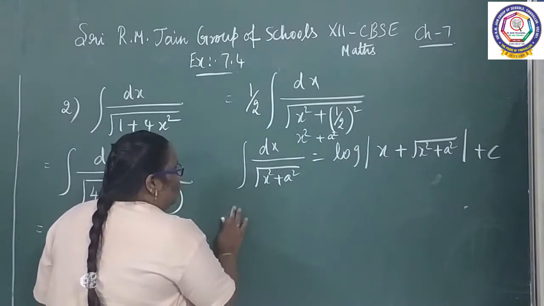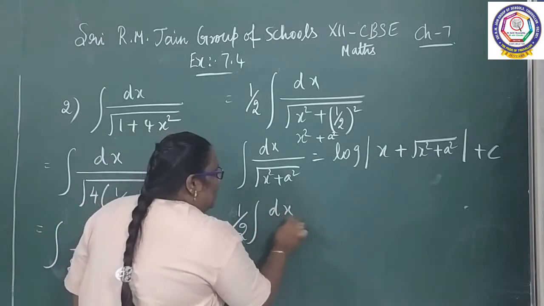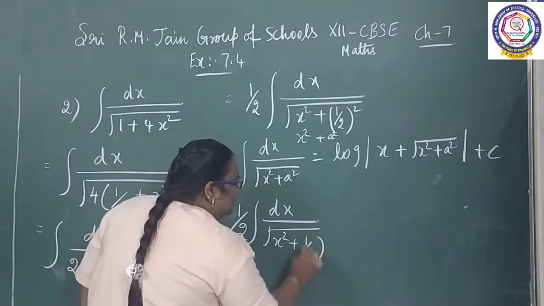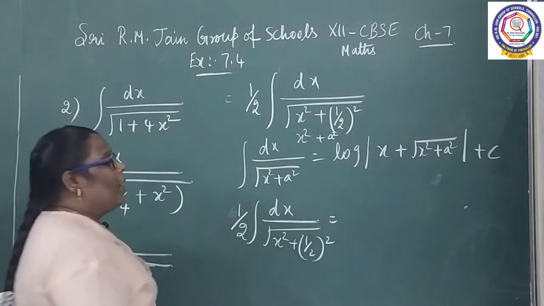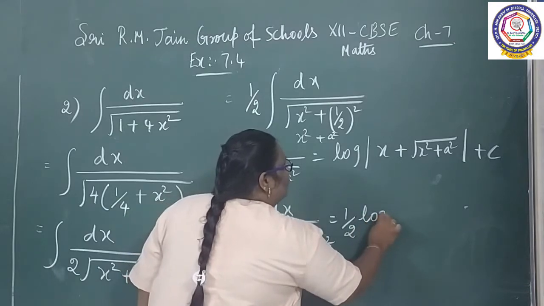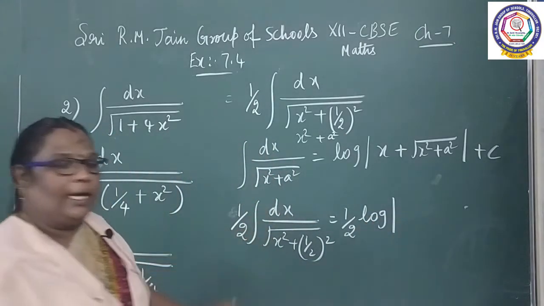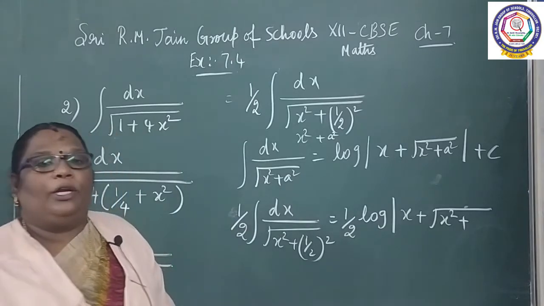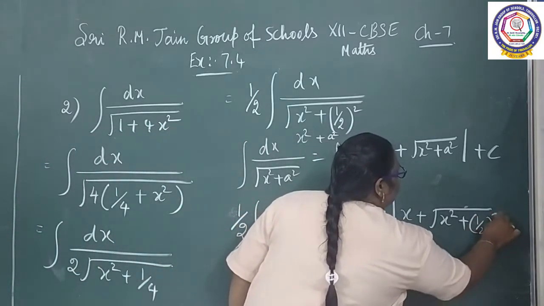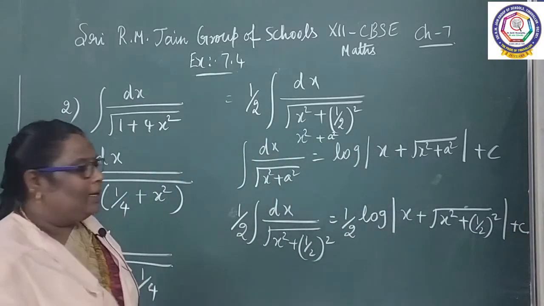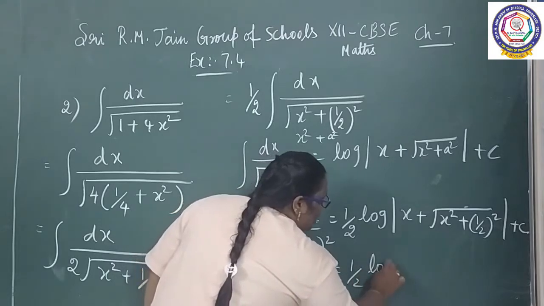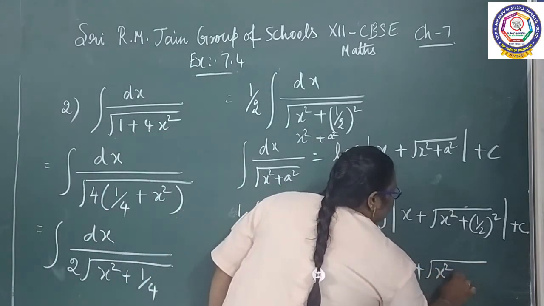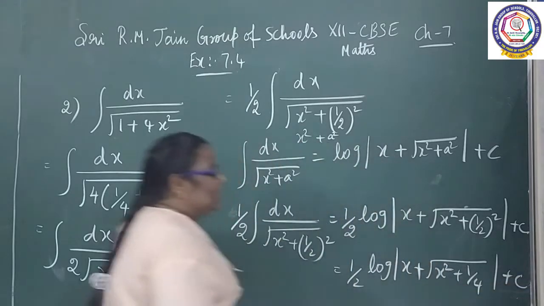It gives 1 by 2 integral dx by root of x square plus (1 by 2) the whole square, equal to 1 by 2 log of modulus of x plus root of x square plus 1 by 4, plus c.